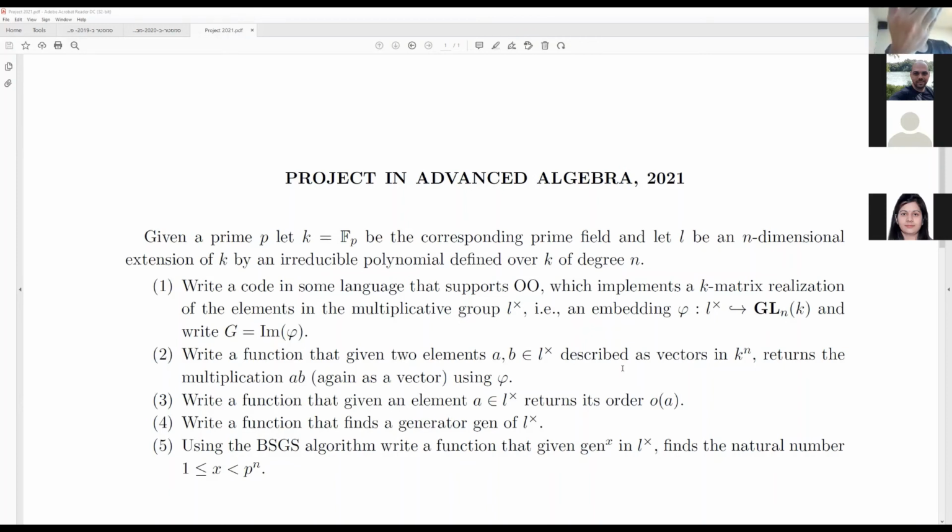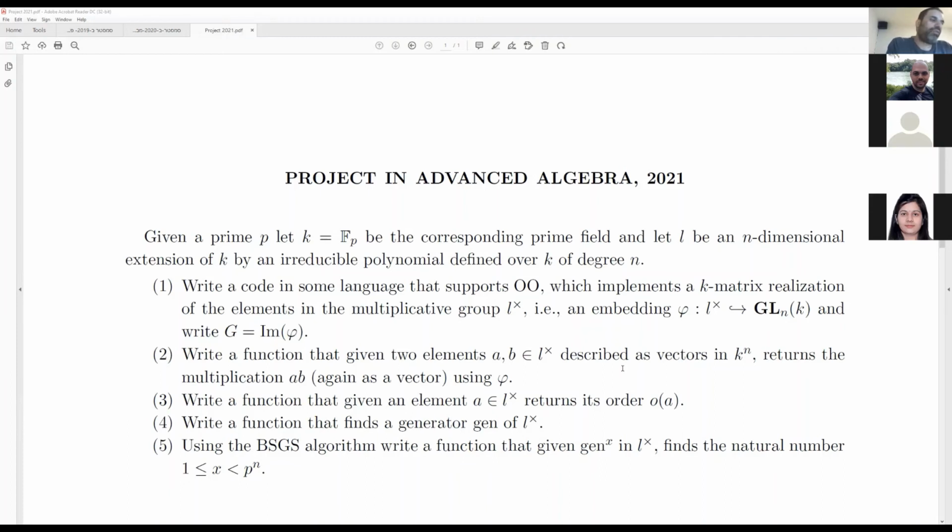Now, how do you do it? Using phi. I mean, you are going to the matrices. You see what is the multiplication, and give you back. Okay. Now you have to write a function that given an element in L star, again, now it's described as a vector over K, you return its order.